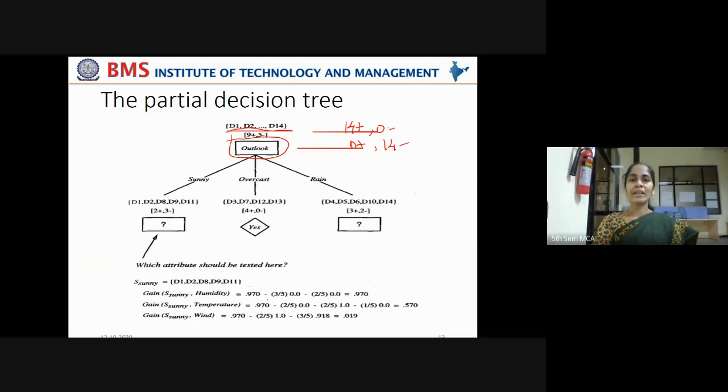So that is taken as the root node. Got it? That is why outlook is taken here. Now outlook has how many values? 3 values: sunny, overcast and rainy, right?